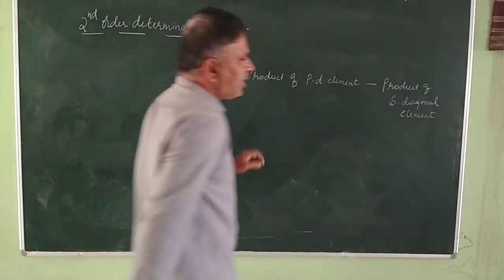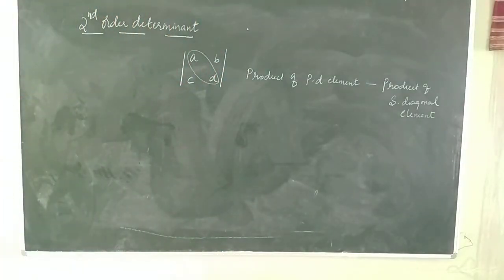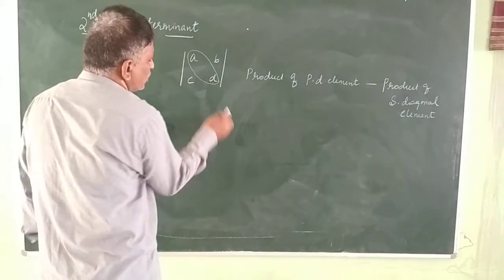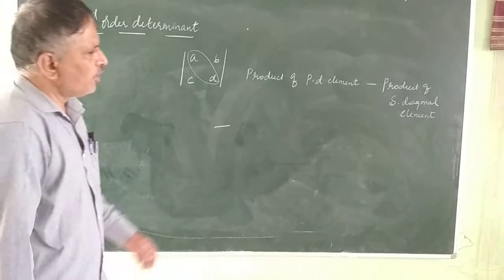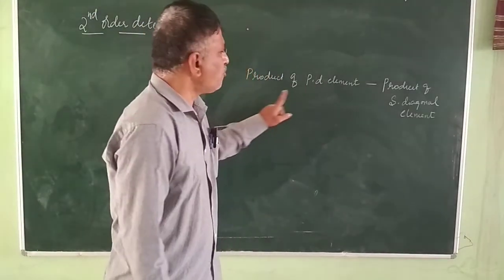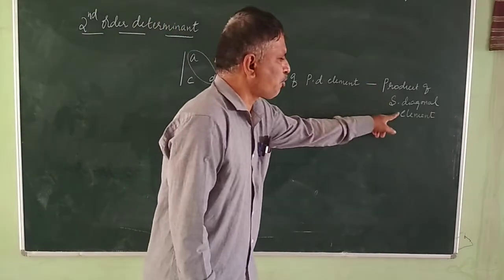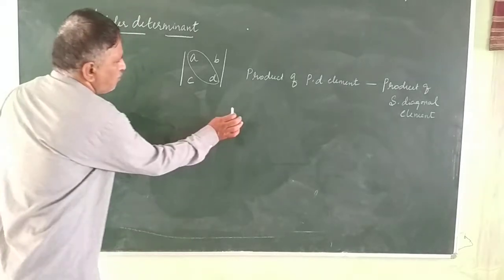So how to evaluate? You need to take the difference: product of principal diagonal elements minus the product of secondary diagonal elements.